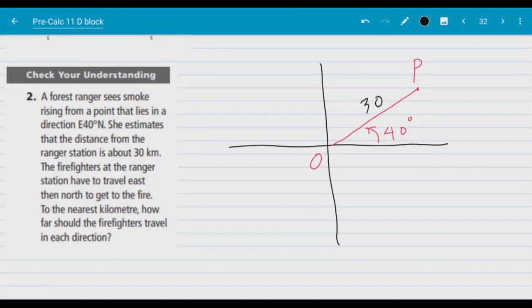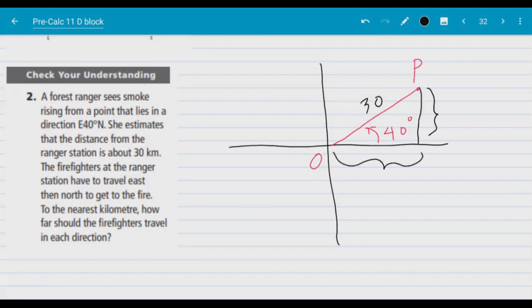So the question is, how far do the firefighters have to travel east and then north to get to the fire? So we need to figure out what this is, and what this is.